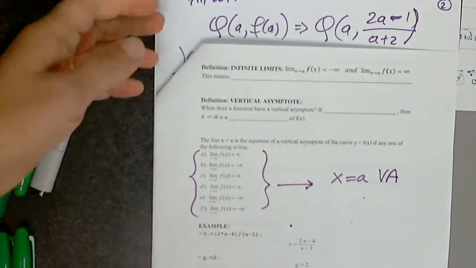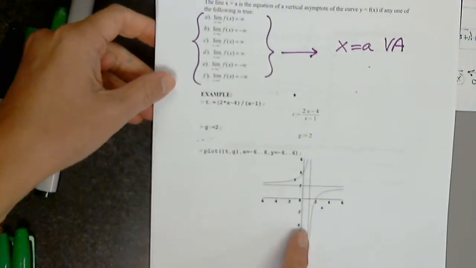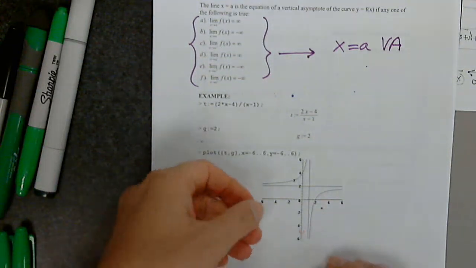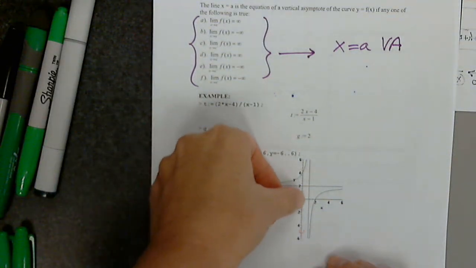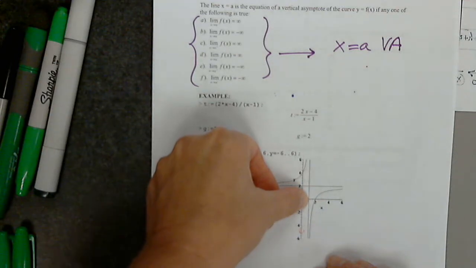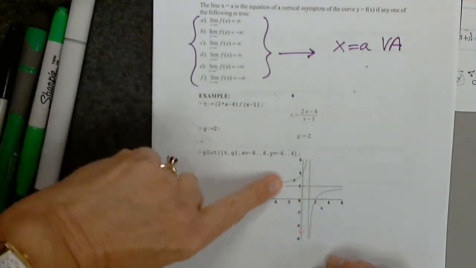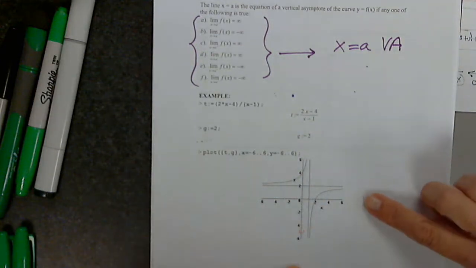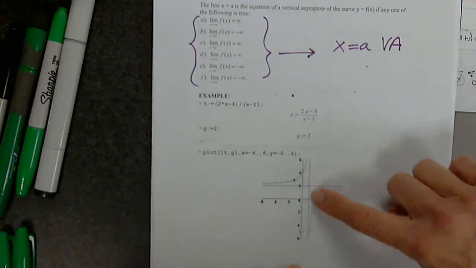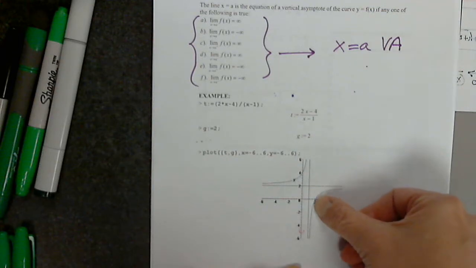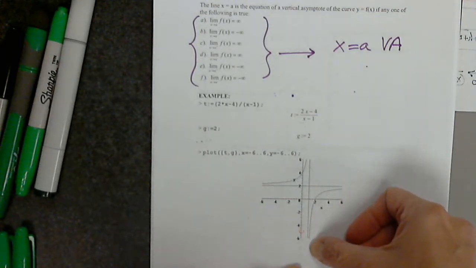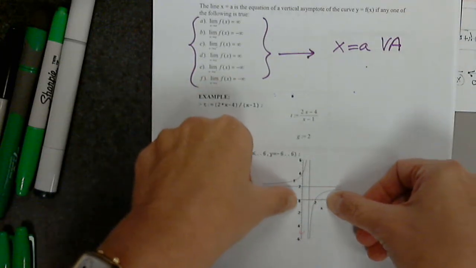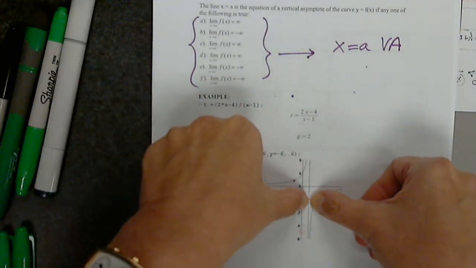In other words, and this is an example, as you see, as x approaches 1 from the left-hand side, function values get closer and closer to infinity. As x approaches 1 from the right-hand side, the function values get closer and closer to negative infinity.